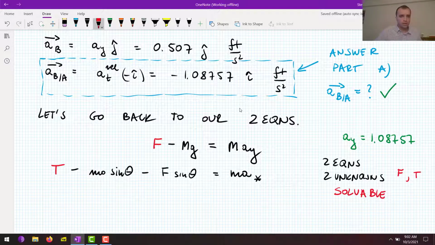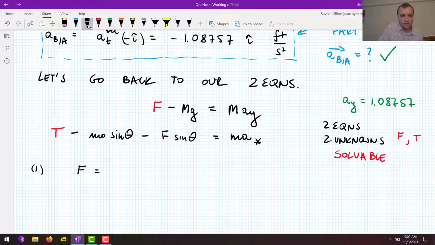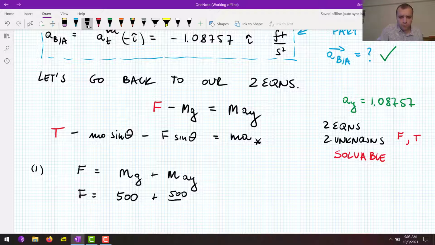Okay, I believe that they ask us to find T. So let's do it quickly. I know that you know how to do it. Just let me spend like 60 seconds on that. So from the first equation, F is equal to mg plus may. Let's plug in values. So F is equal to 500 plus 500 divided by 32.2 times the value we just found.